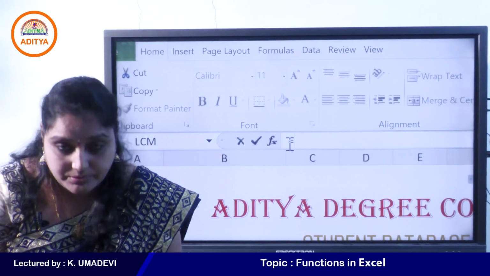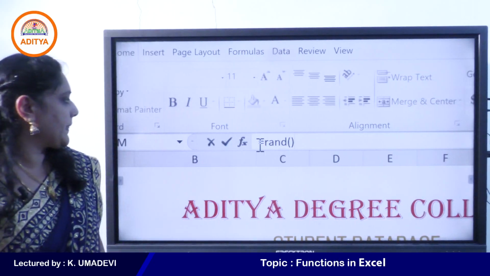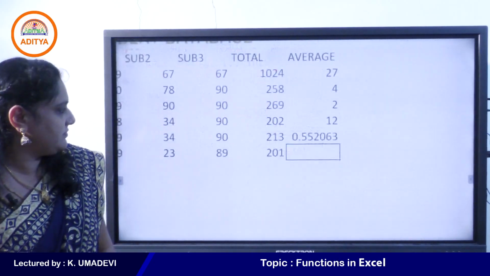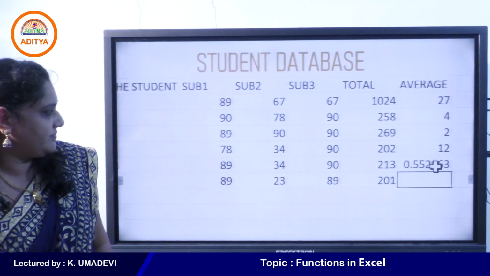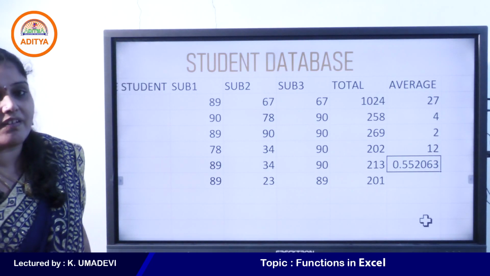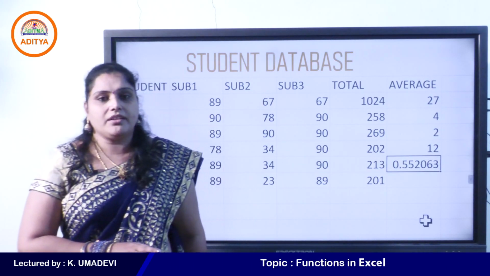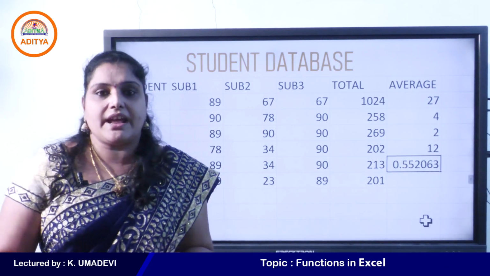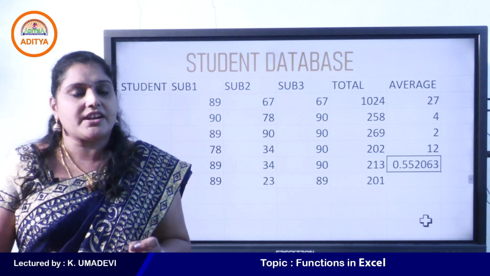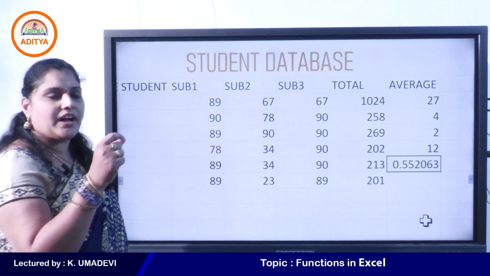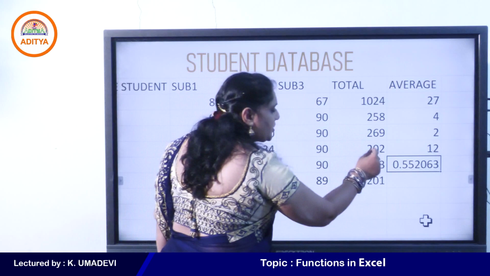Is equal to RAND. See, arguments are not required for the RAND function. Simply use RAND. RAND stands for random. It gives a value in between 0 and 1.